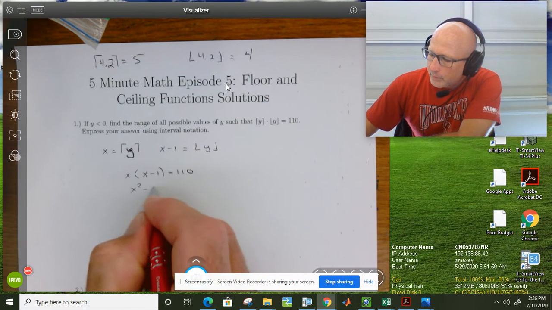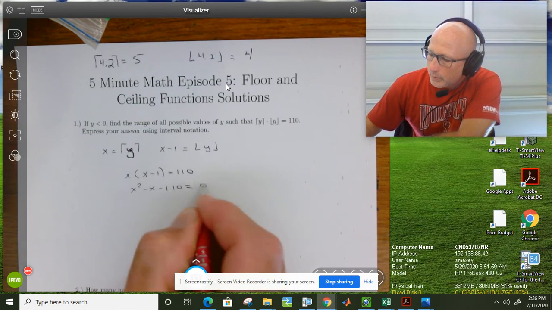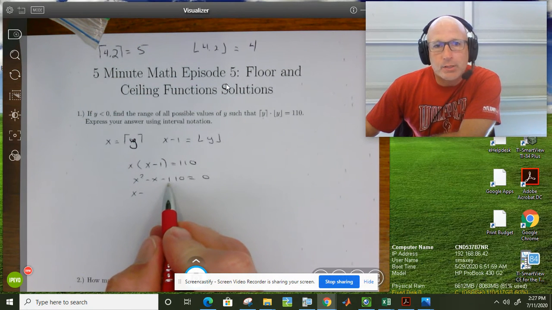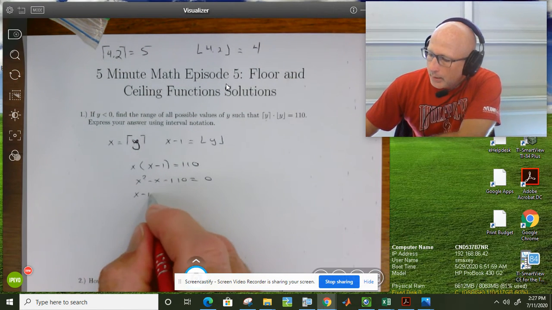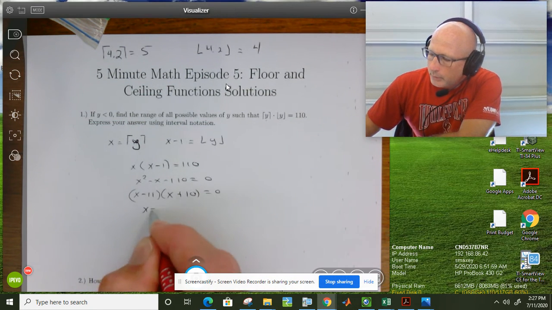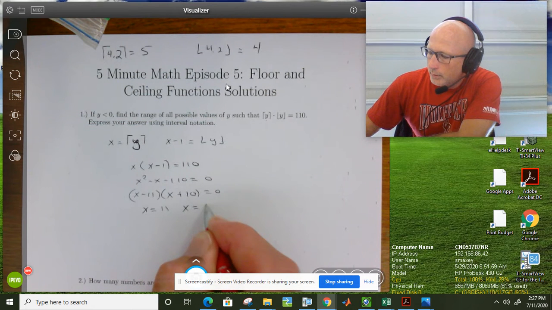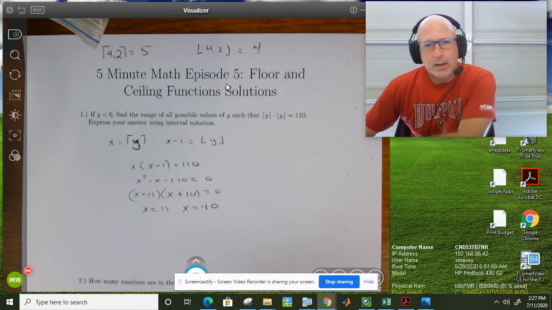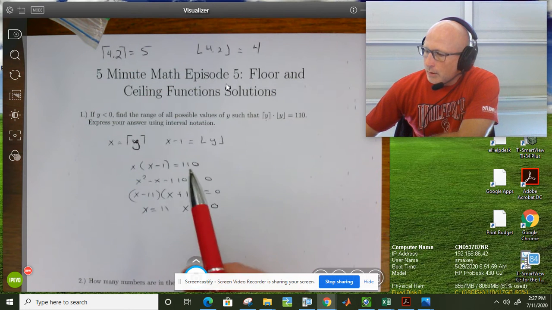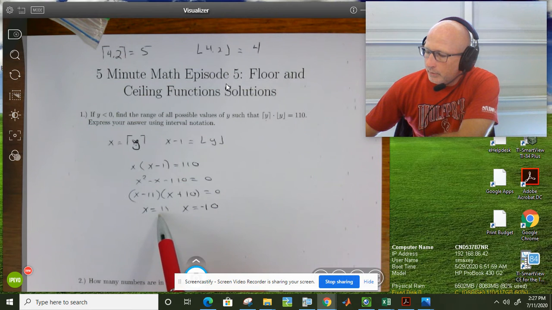So this changes the equation into x times (x minus 1) equals 110. X squared minus x minus 110 equals 0. The factors of negative 110 that add up to negative 1 are negative 11 and 10, so x minus 11 times x plus 10 equals 0. So x is equal to 11 and x is equal to negative 10. Think about what that means for a minute. The ceiling function is either going to be equal to 11 or negative 10.